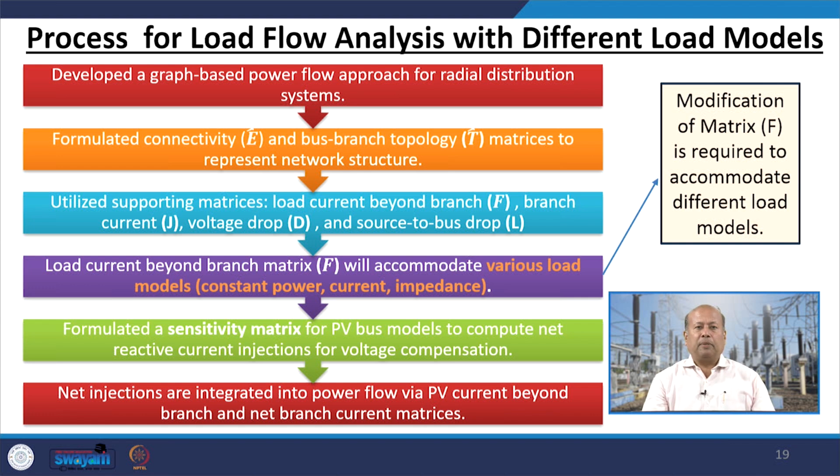So they developed a graph-based power flow approach for radial distribution systems, formulating connectivity E and bus-branch topology T matrices to represent the network structure, and utilizing supporting matrices: load current beyond branch F, branch current I, voltage drop D, and source-to-bus drop L. The load current beyond branch matrix F will accommodate various load models: constant power, current, and impedance. They formulated a sensitivity matrix for PV bus models to compute net reactive current injection for voltage compensation.